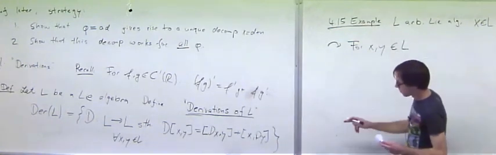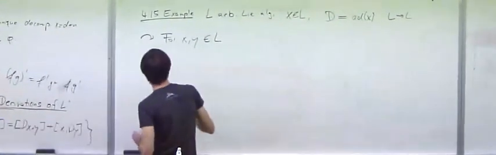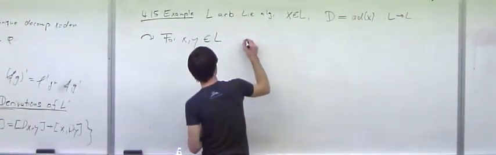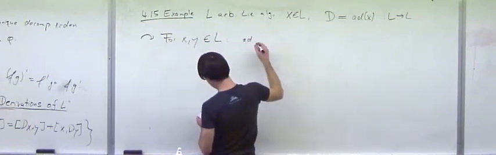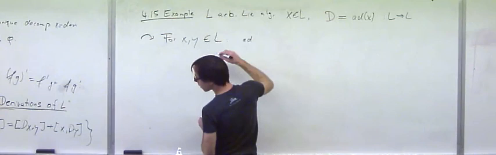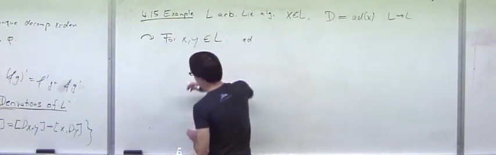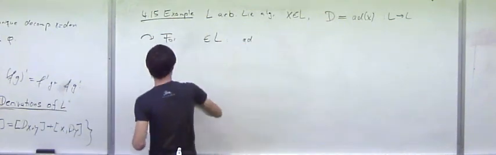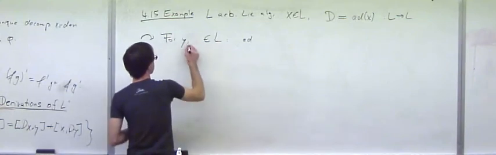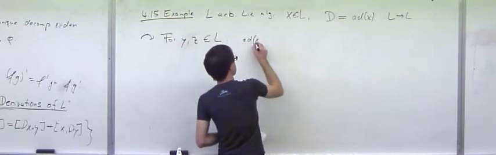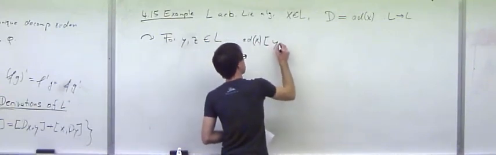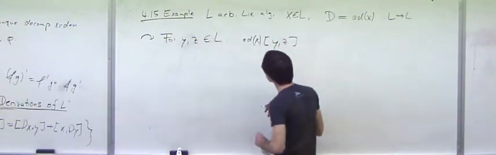Take two arbitrary elements of the Lie algebra. Maybe x is already taken, so I take y, z, and apply ad x to the bracket of y, z.